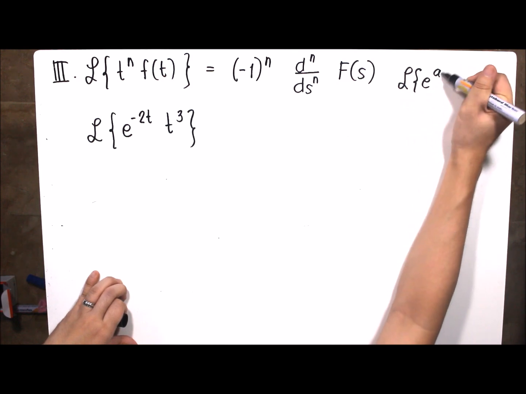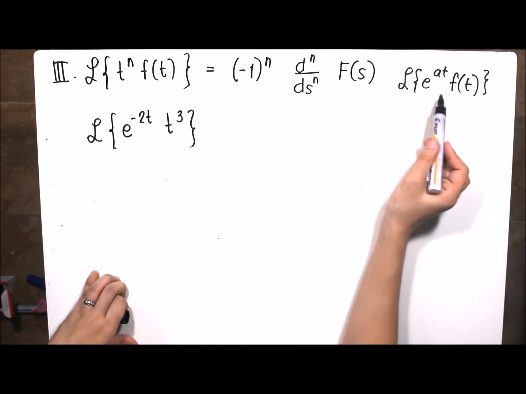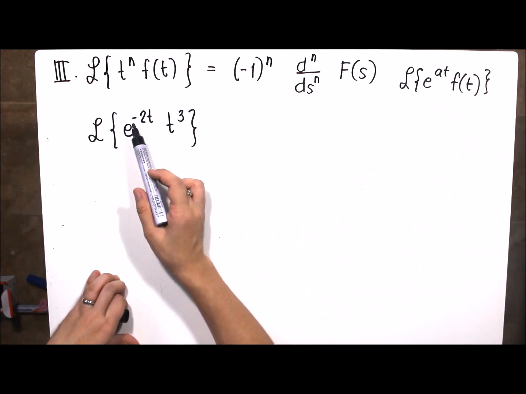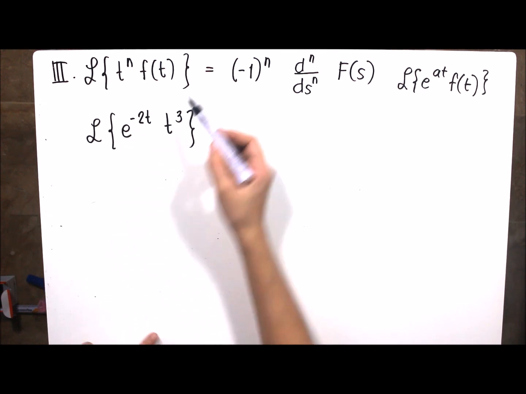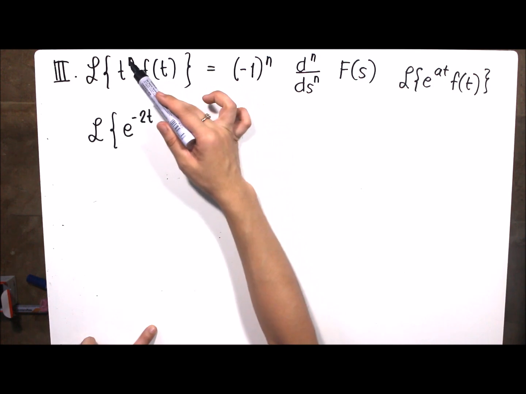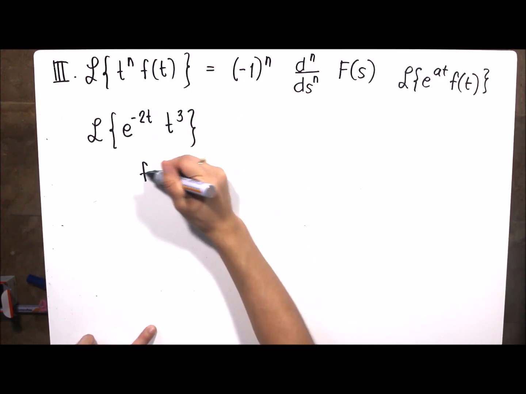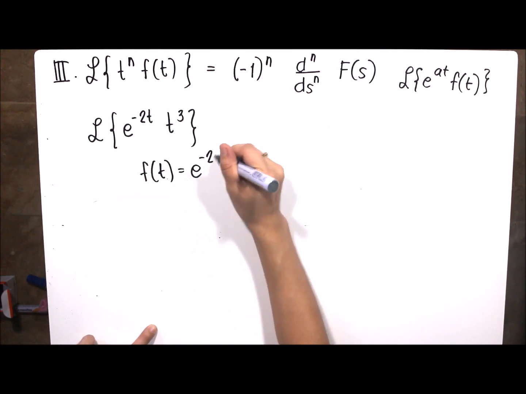So, for example, this is our first example earlier when we were solving for the Laplace transform of e raised to at f of t. Since this function contains e raised to at, but also, since the same example can also be solved using this formula, because we have t raised to n, the f of t this time is the exponential function e raised to negative 2t.